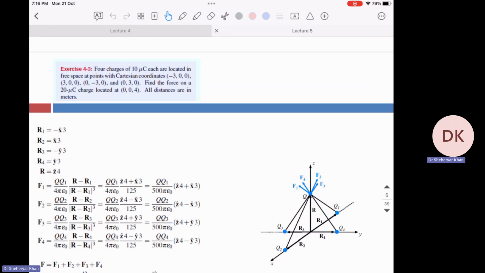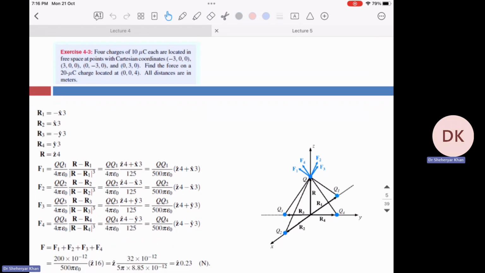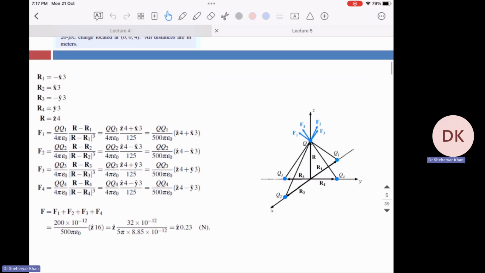This is the same question we discussed in the midterm, that if you have 4 different charges, then you can find out the position vectors first, right? And then you can find out the forces, right? So Q, Q1, Q, Q2, right? And then R minus R1, R minus R2, R minus R3, right? So we have done it before.